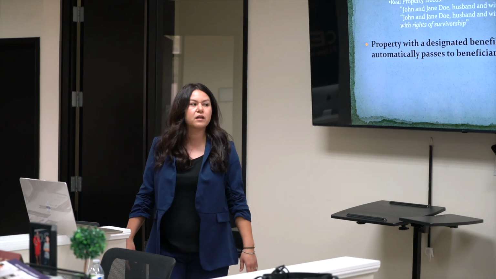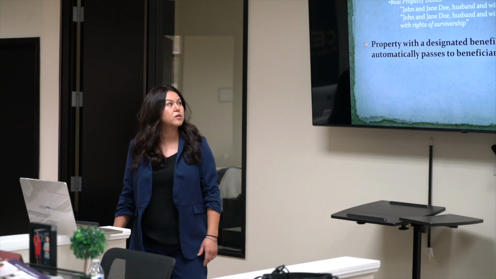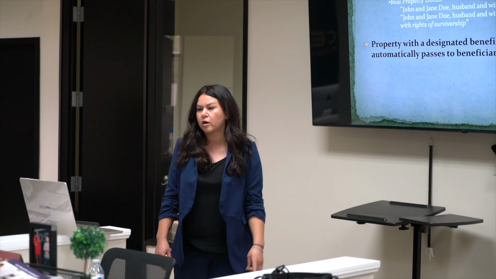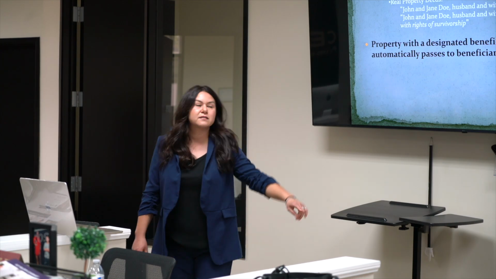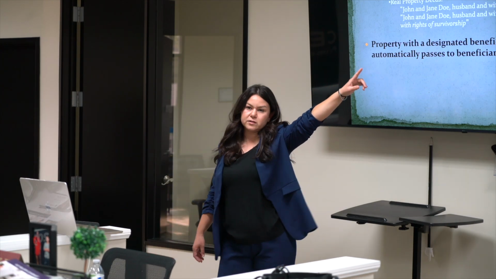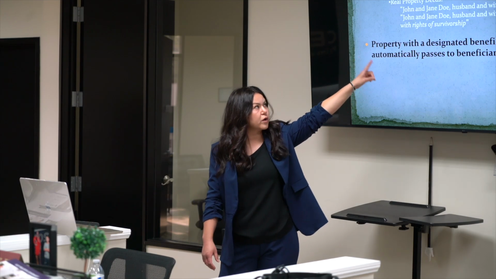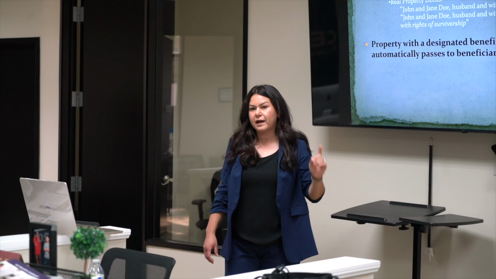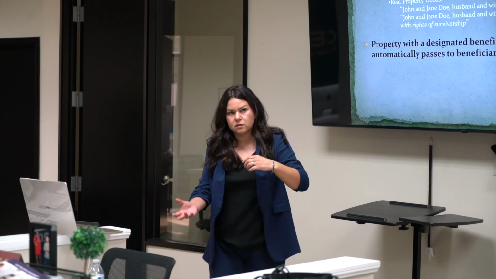Also, here in California, we have community property laws, so it's common to hold property as community property. However, it's very important that after it says community property, it says with rights of survivorship, because community property does not have an automatic survivorship.